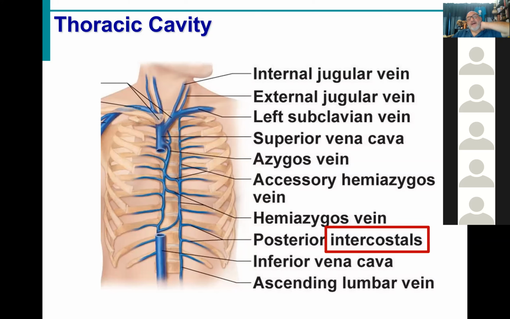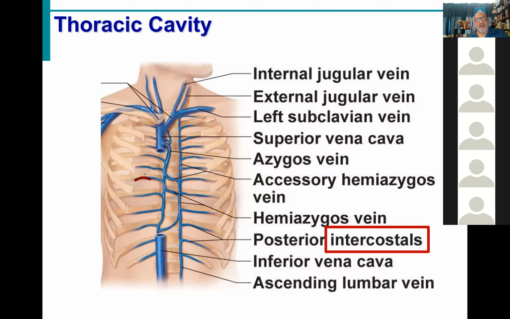Notice, not surprisingly, like the thoracic arteries, there's not a whole lot going on in the thoracic cavity, although you'll notice there is a little bit more going on. And again, it's a little bit wonky. So that's when I want to spend a little bit of time talking about it.